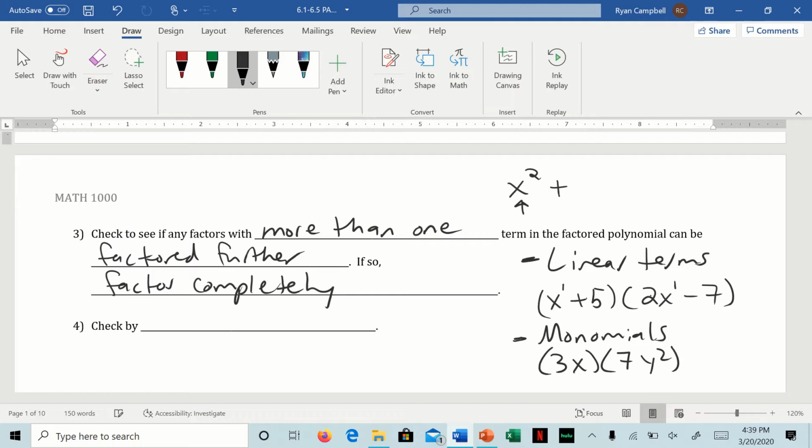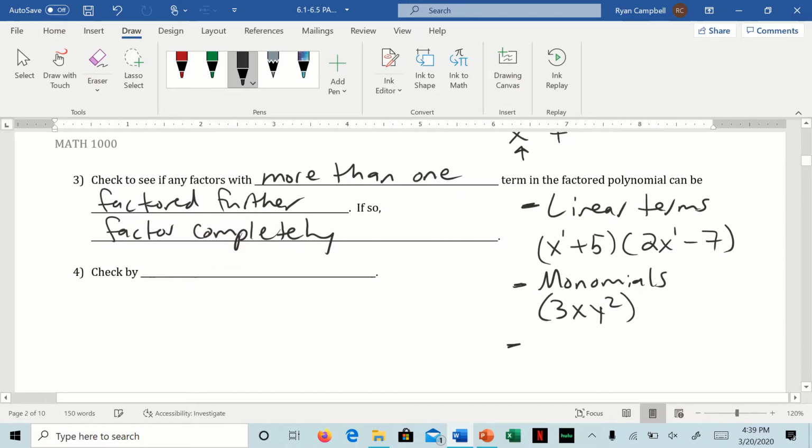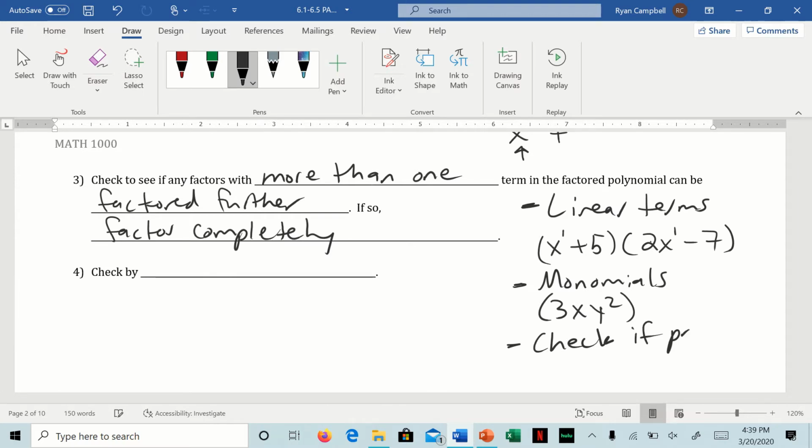I mean, we can combine those two, but it'd be something like that. If it's anything other than that, you need to check to see if it's prime, or if you can factor out more.